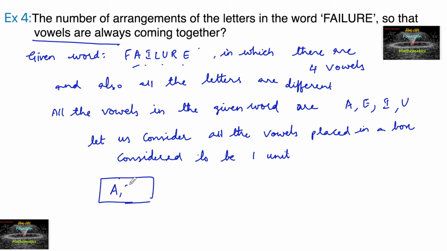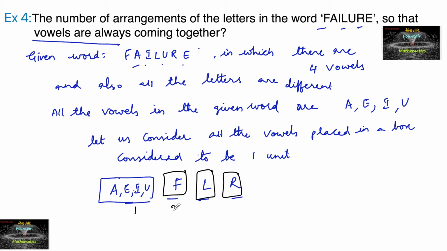These are A, E, I and U in one box, 1 unit, and the remaining 3 letters are F, L and R. Now in our arrangements, for the vowels to be together, let us keep this box in such a way that this box containing the vowels is always together, along with the remaining F, L, R. Now how many boxes are there in total? 1, 2, 3, 4, like 4 spaces.